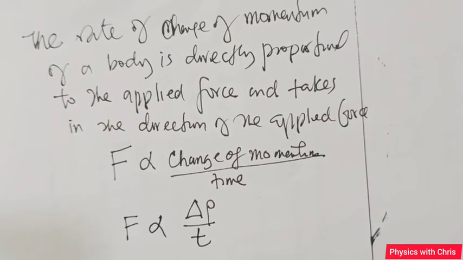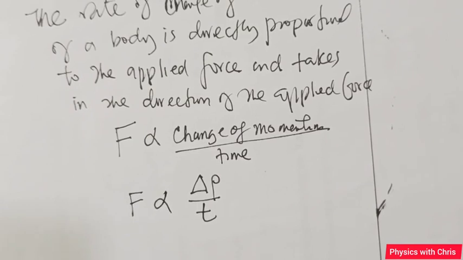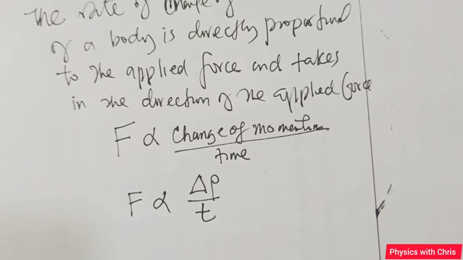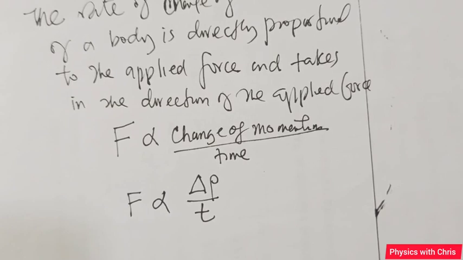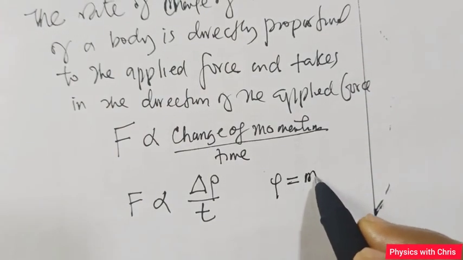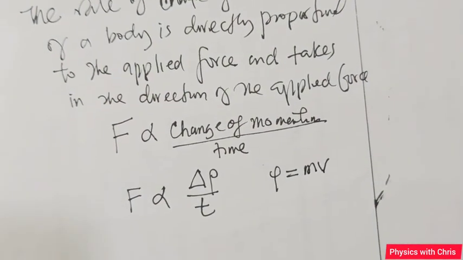Now, momentum has been defined as the product of mass and velocity of a body, meaning that a body in motion has momentum. It is the motion of a mass of a body in motion, that's momentum. So it's the product of the mass of a body and its velocity.